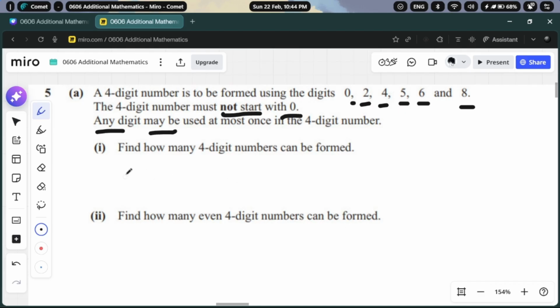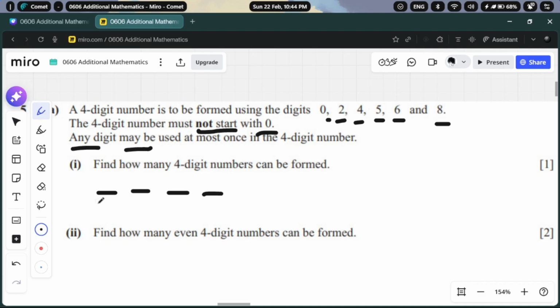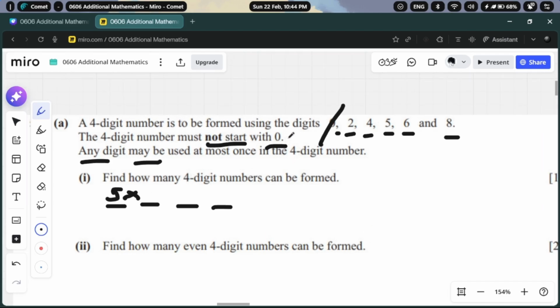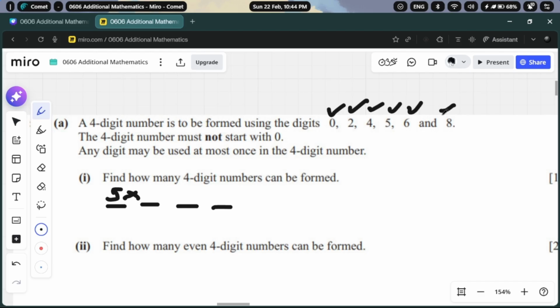So first of all, just make a rough diagram of those 4 digits. Now you cannot start with 0. So if you're looking at the first digit, you automatically exclude 0. So you're left with 2, 4, 5, 6, 8. 5 possible digits. Now, if you look at the second place, you can take 0, 2, 4, 5, 6, 8.